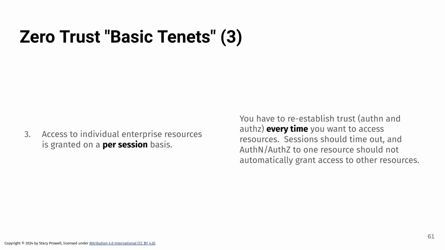Access to individual enterprise resources is granted on a per session basis. What does that mean? Well, that means I don't just authenticate once and I'm done forever. It means that I may have to establish trust every time I want to authenticate to a resource, good use of password managers, or I may have to re-authenticate.